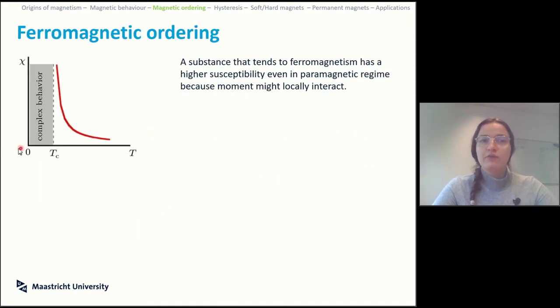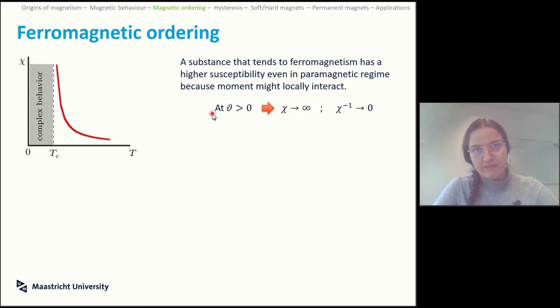When you have something with ferromagnetic ordering happening, you have a higher susceptibility than normal when your substance is paramagnetic, because there is a local interaction of your spins. When the Weiss temperature is higher than 0, the susceptibility tends to infinity, and the inverse of the susceptibility will tend to 0.